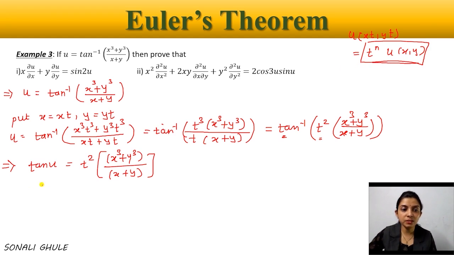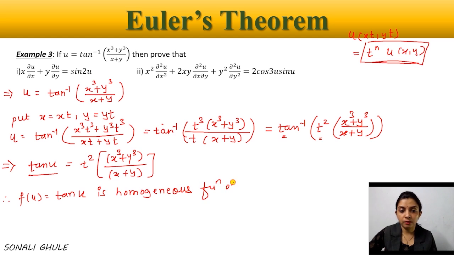But which function? Tan u, not u. Okay? So therefore f of u is equal to tan u is a homogeneous function of degree n equals 2.